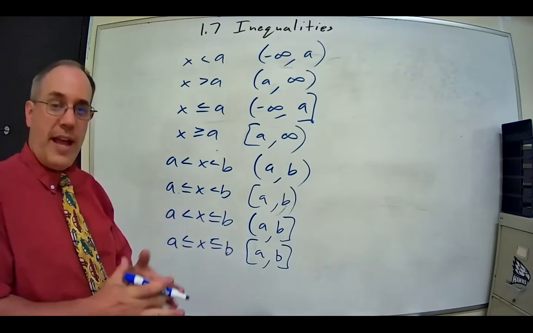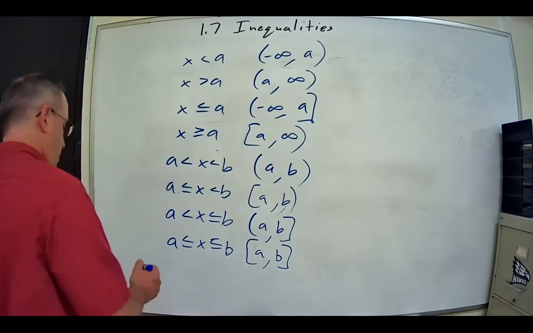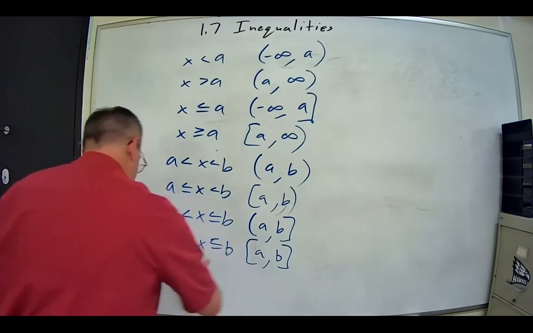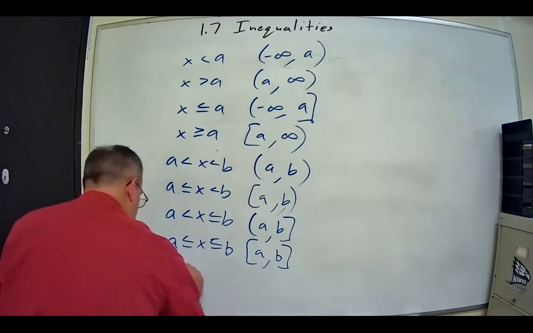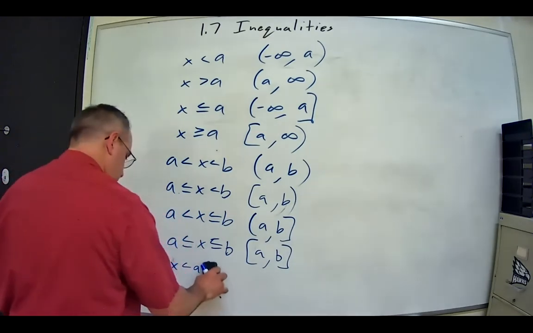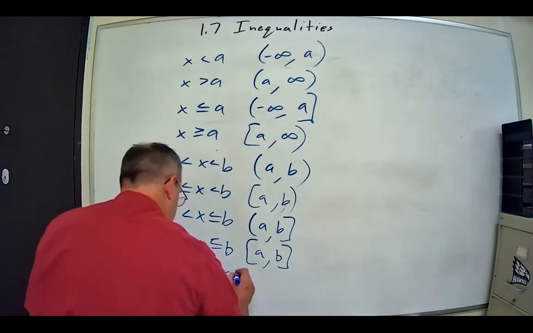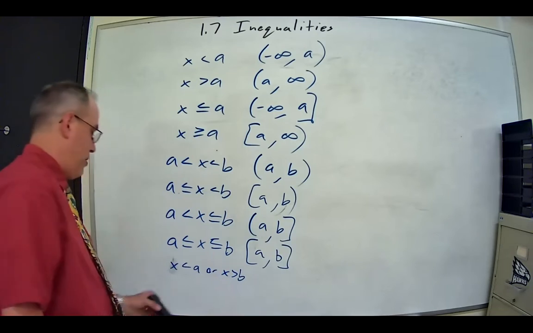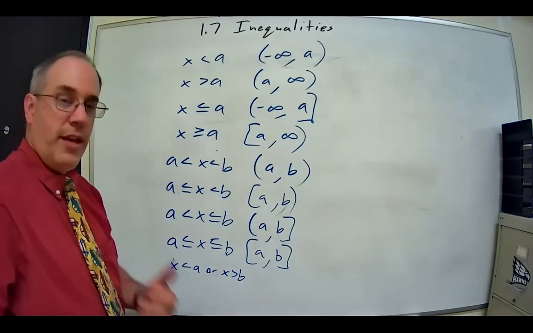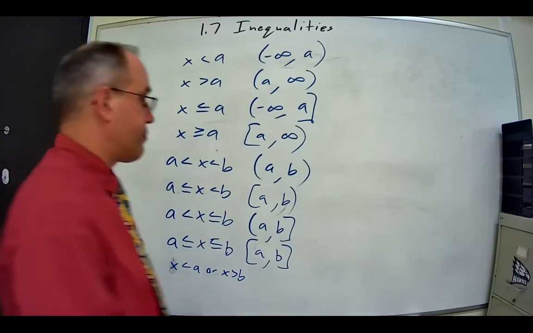Also, things can get broken up where you have two intervals. Maybe you have x less than a or x greater than b. So we say x less than a or x greater than b, in which case we'd use our intersection or union.